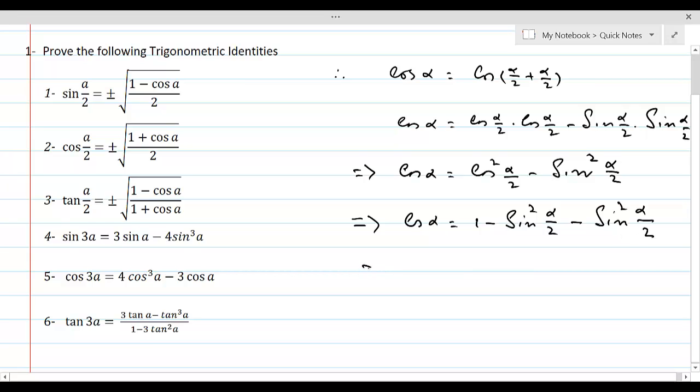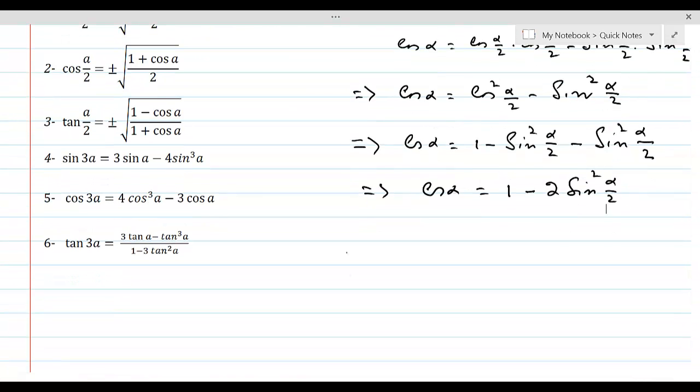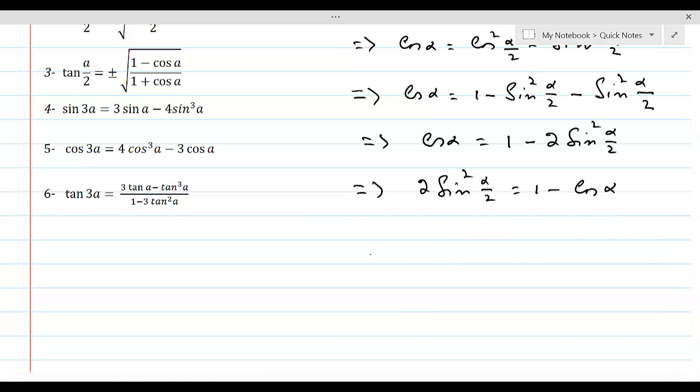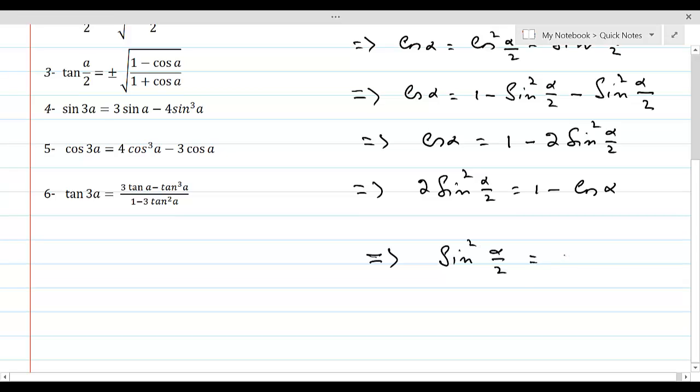So cos α equals 1 minus 2 sin²(α/2), or we can write 2 sin²(α/2) equal to 1 minus cos α, or sin²(α/2) equal to (1 minus cos α) divided by 2.